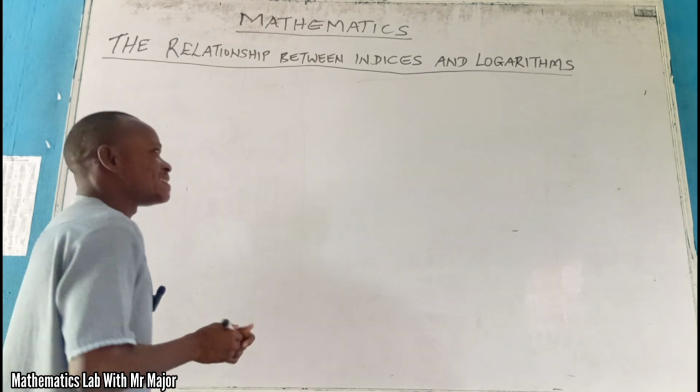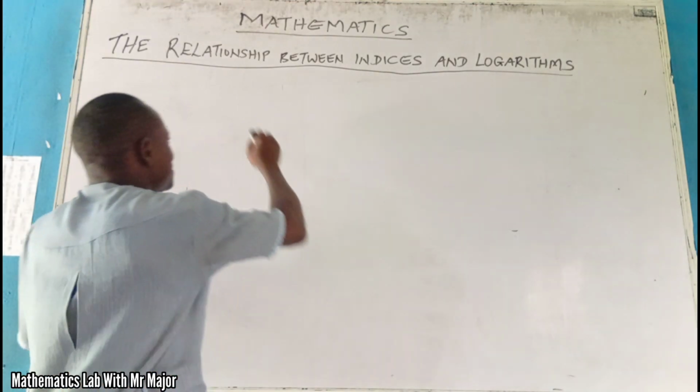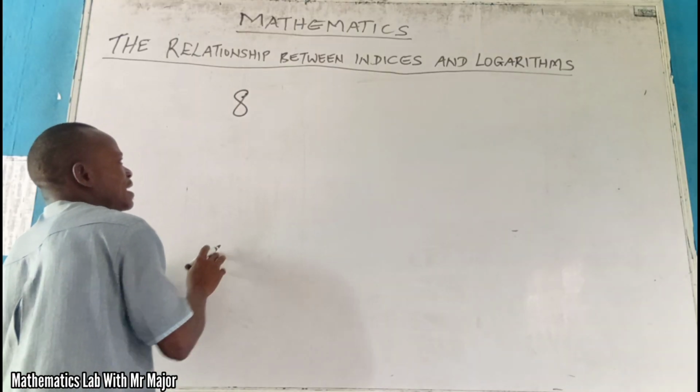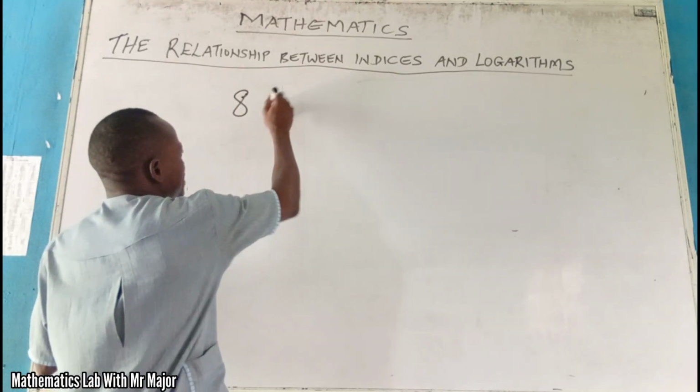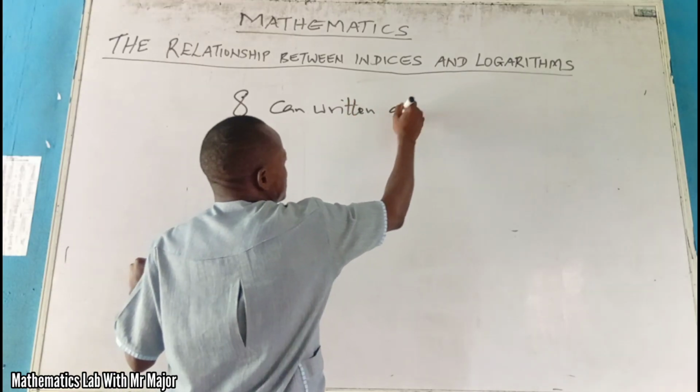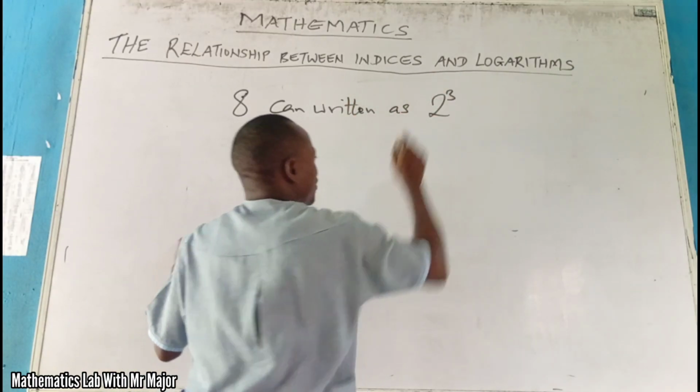Now, you will recall that in indices, if I have something like 8, it can be written as 2 raised to power 3.